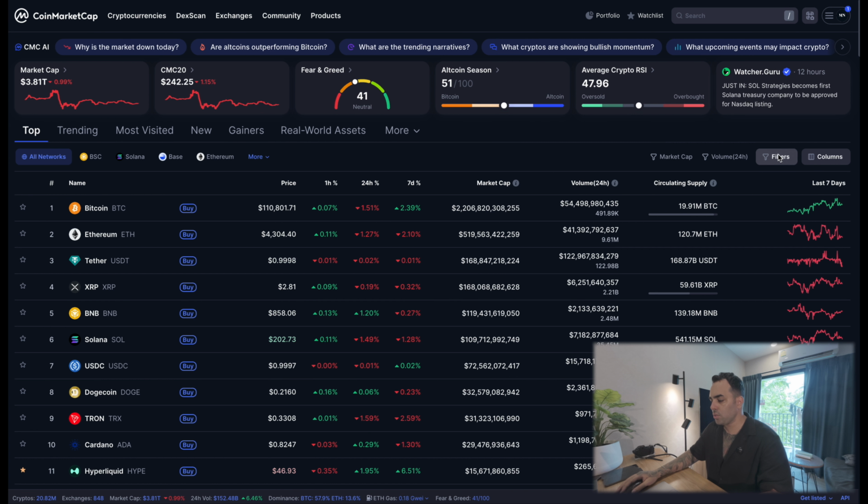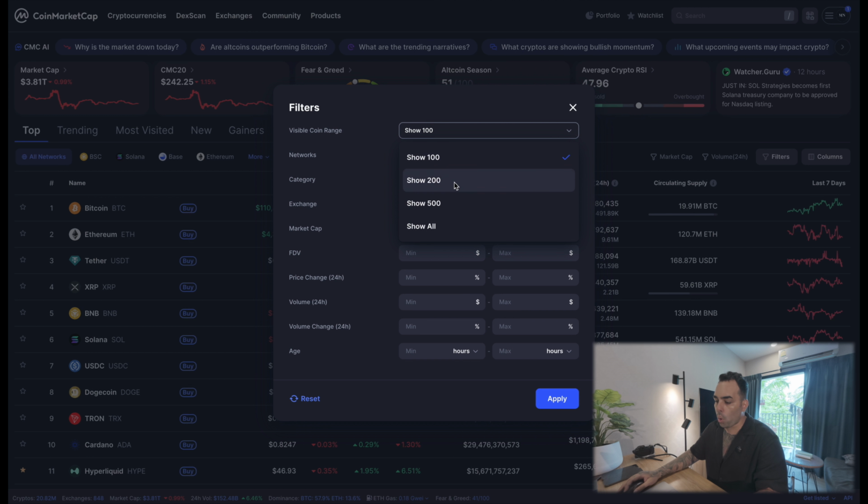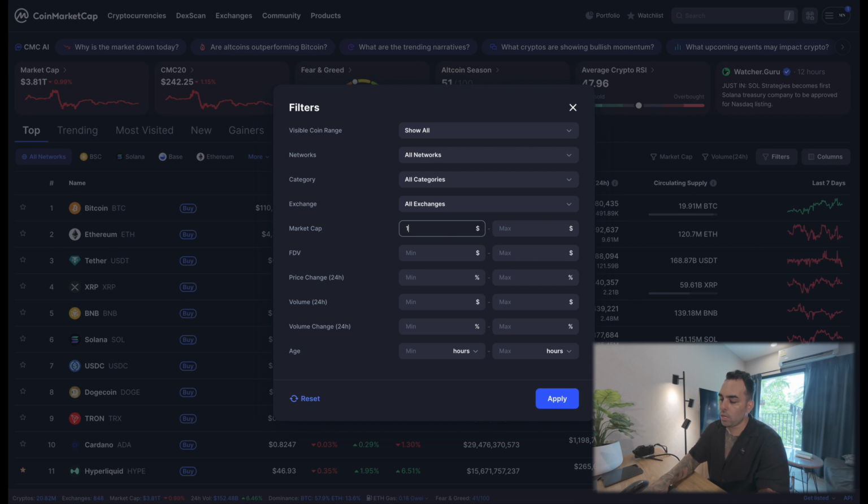Now go to the filters, do the same thing, show all of them. Then the networks you don't care about. Market cap, let's do 10 million to 50 million. And then things are going to be a little bit nicer. We're going to be able to find nicer projects. Here we don't want more than 150 million FDV.